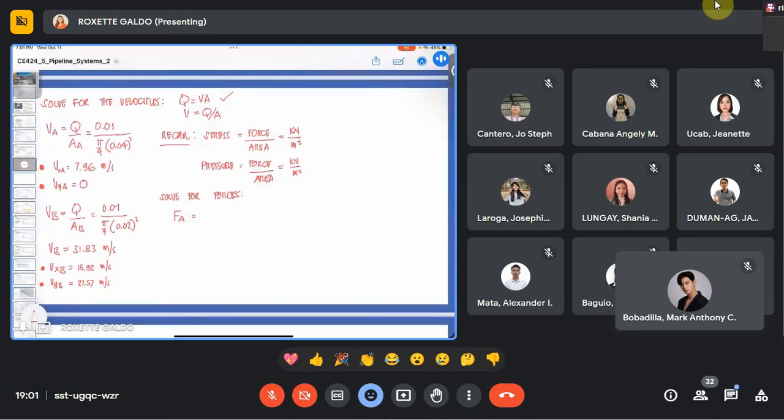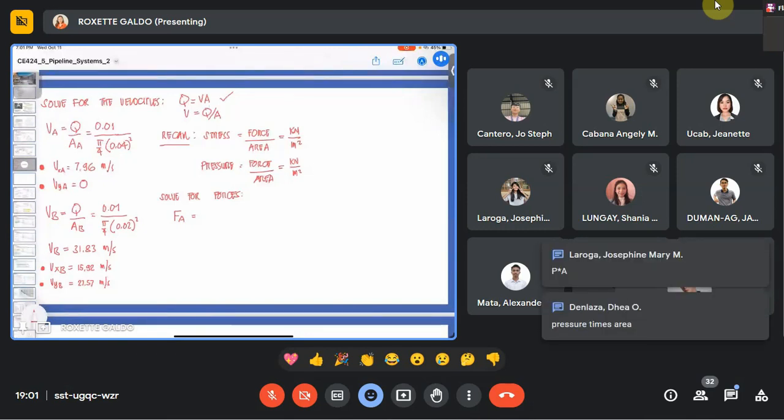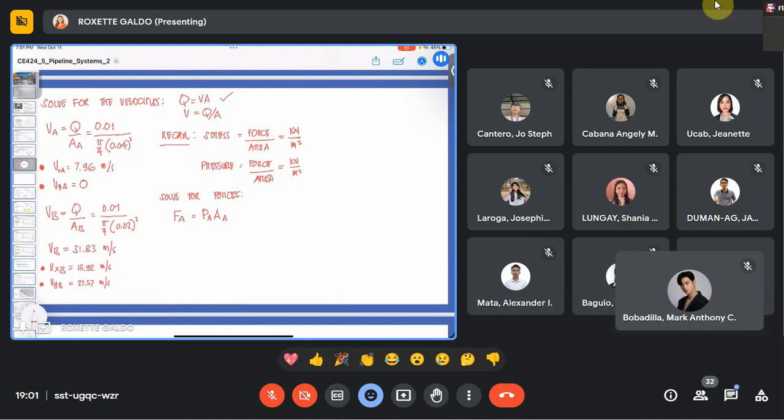Pressure at A times the area at A. Let us examine: is the pressure at A known, and is the area at A known?